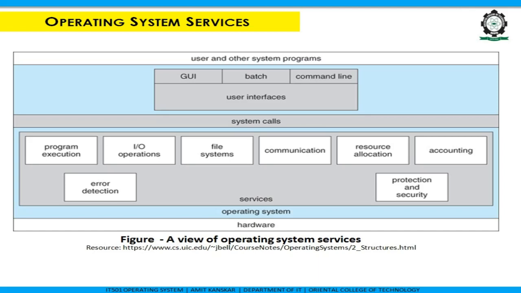Other system aids in the efficient operation of the operating system itself are resource allocation, accounting, protection, and security. As far as resource allocation is concerned, for example, CPU cycles, main memory, storage space, and peripheral devices.